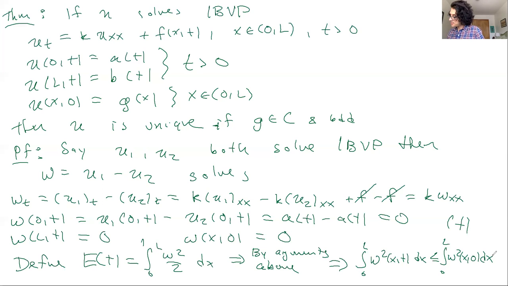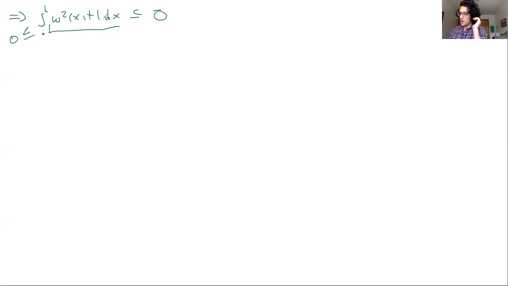But what is w of x,0 but just 0? So it's just the integral of 0 now. So I get that the integral from 0 to L of w squared (x,t) dx is less than or equal to 0. Now this thing not only needs to be less than or equal to 0, it needs to be greater than or equal to 0 because it's some function squared.